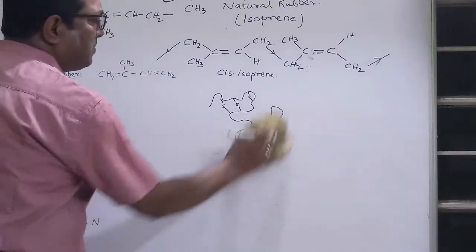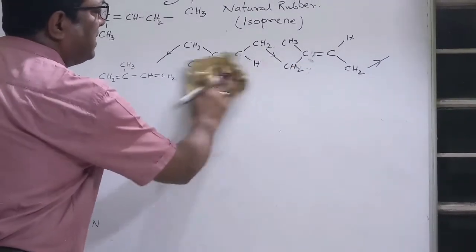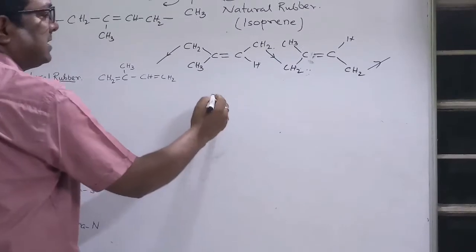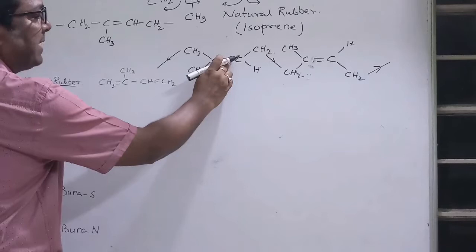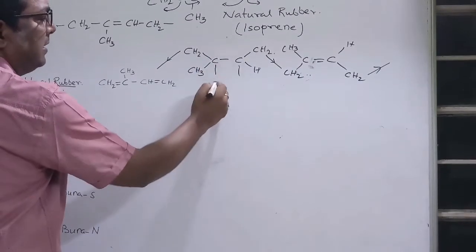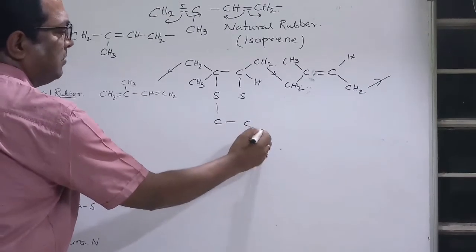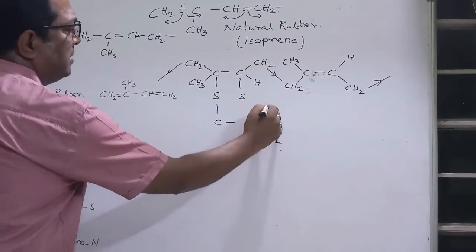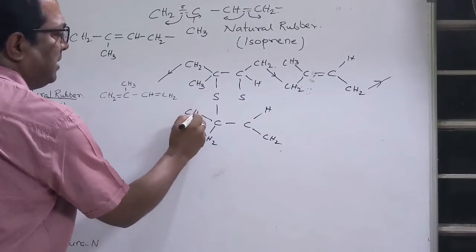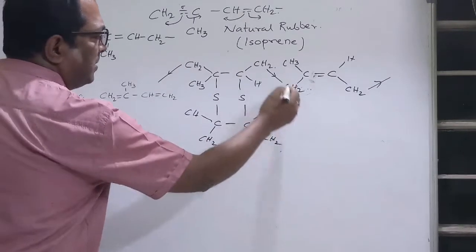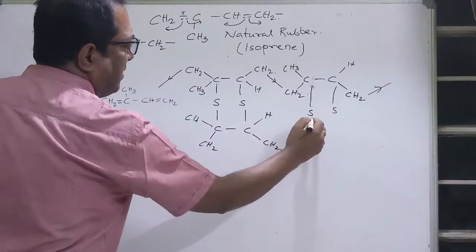So this portion, I will ask you to see, in case of the isoprene, when we are using sulfur, what happens is the double bond breaks, and it is again bonded with carbon, and this is again with the carbon CH2, this is H, and this is CH2, this is CH3, and this again, the double bond breaks with sulfur.